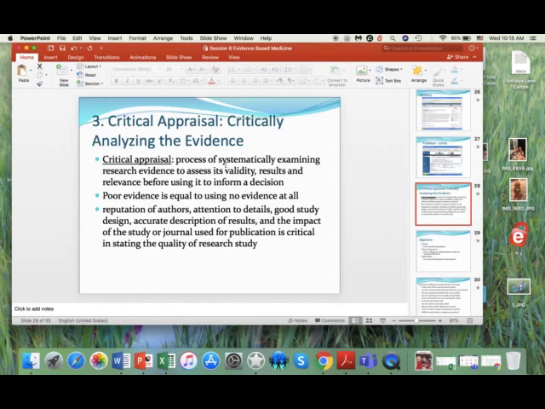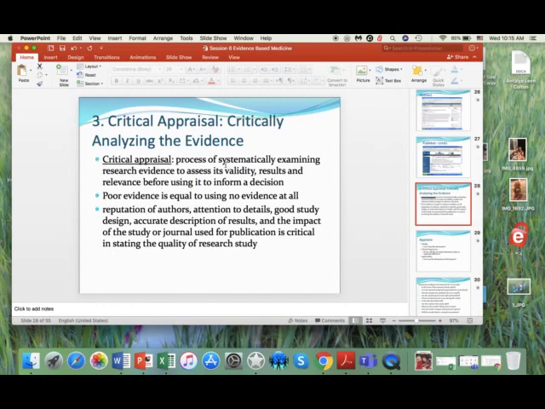So the idea in general is that critically appraising it is analyzing it in a systematic way to make sure it's a reliable article and that it applies to our specific case.